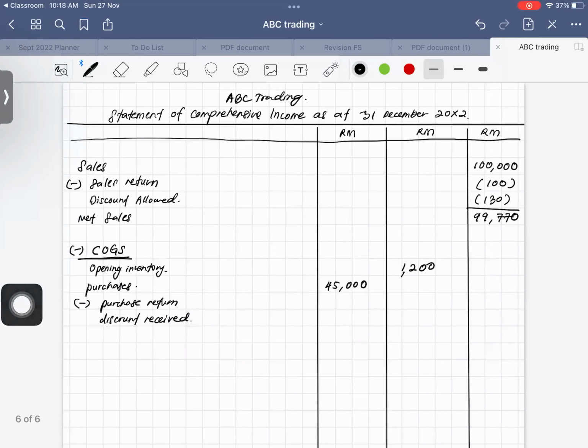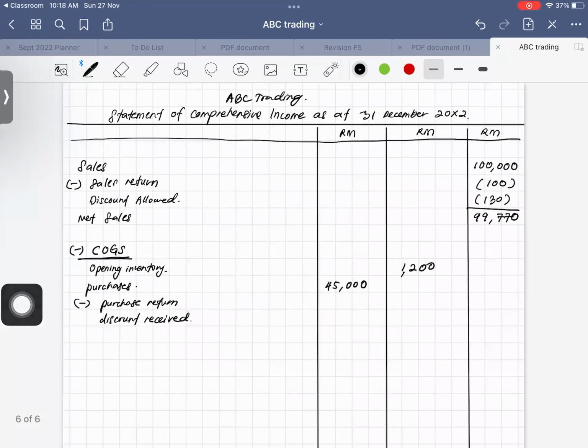Okay. Ini your net purchases, betul? Tapi kena tambah dengan your expenses on purchases. Okay. Cuba tengok ada tak expenses on purchases. Is there any carriage inward? No, this is carriage outward. Is there any duty on purchases? Tak ada. Is there any insurance on purchases?